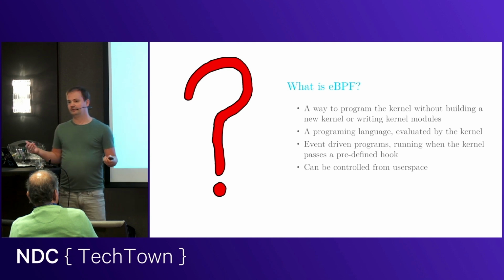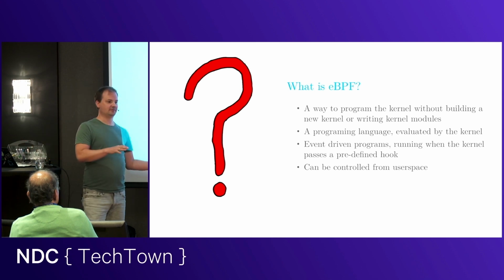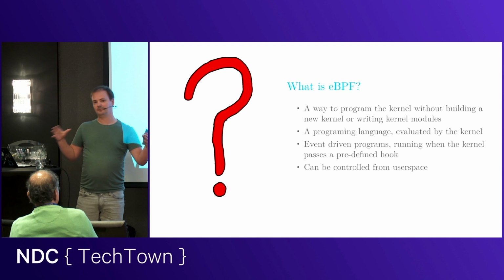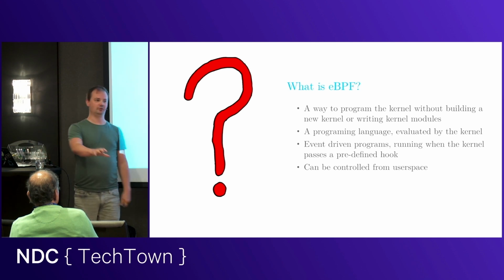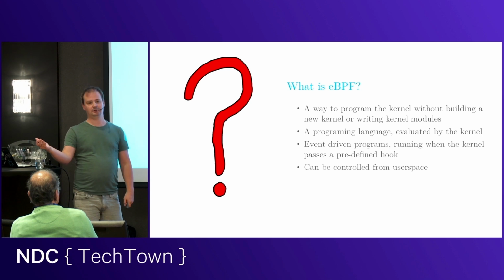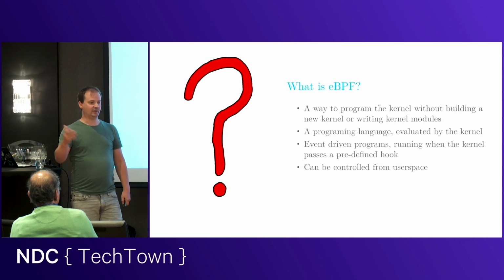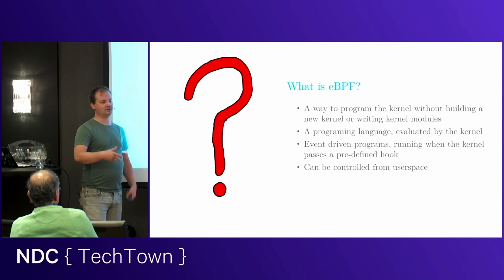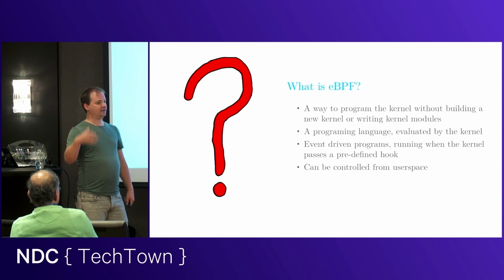So basically what you do from the user space is that you create a binary program which you send into the kernel, and you hook that program to some kernel-defined hook. And then when that hook hits in the kernel, for instance, you're opening a file, then your program will evaluate.